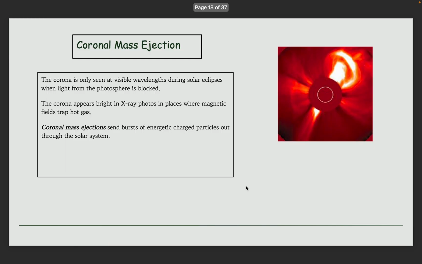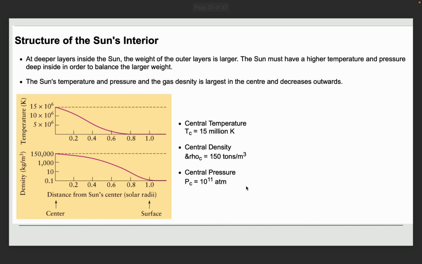Until now, we have known that the deeper we go inside the sun, the larger the weight of the outer layers is. The sun must have higher temperature and pressure deep inside in order to balance the larger weight. The sun's temperature, pressure, and gas density are largest in the center, and decrease outward.